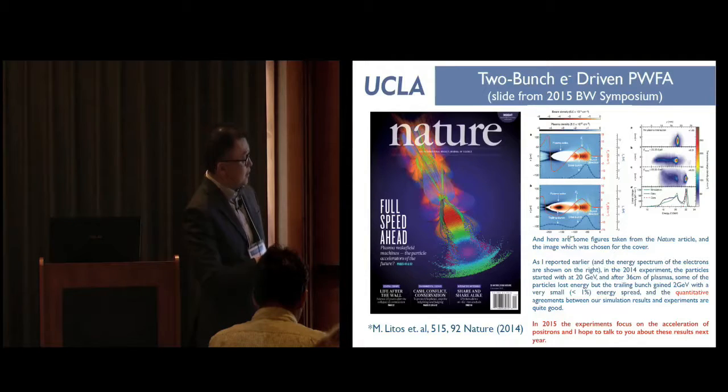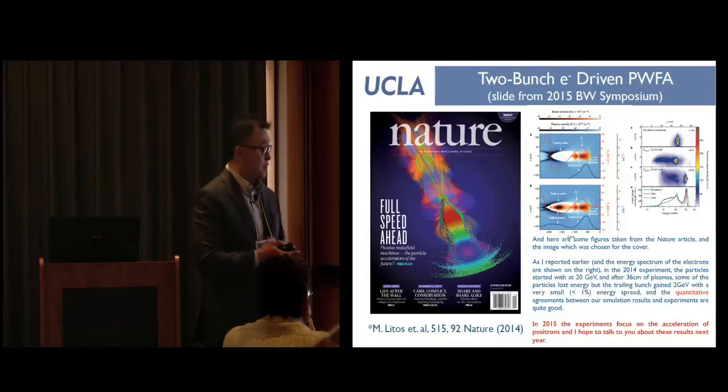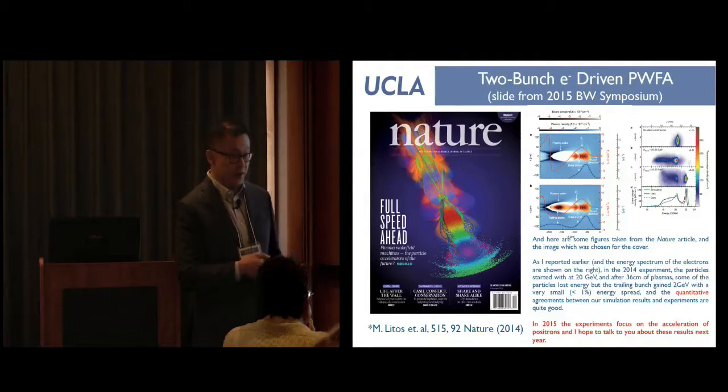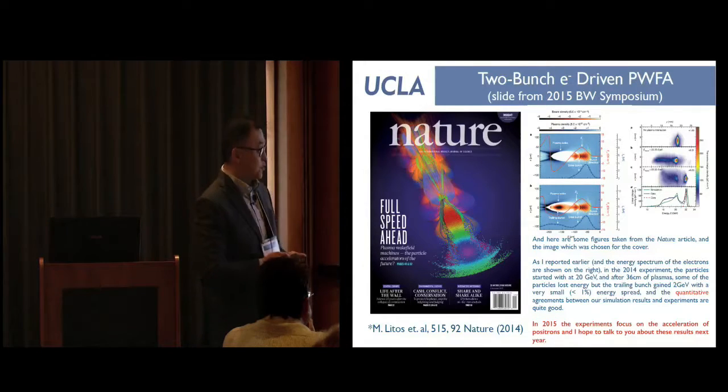As you can see here, initially the 2 bunches are overlapped in terms of energy, and you can see one bunch start to lose energy, and the trailing bunch gains about 2 GeV in a distance of about 40 centimeters. It takes 3 kilometers to go from 0 to 20 GeV, and it takes less than 1 meter to go from 20 to 22 GeV. So you can see the tremendous potential that plasma has for future accelerators.